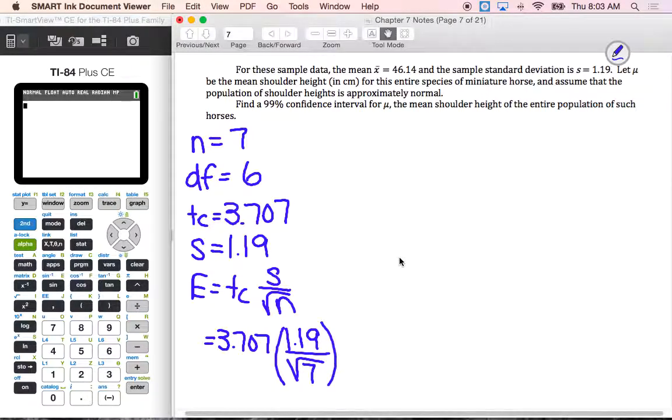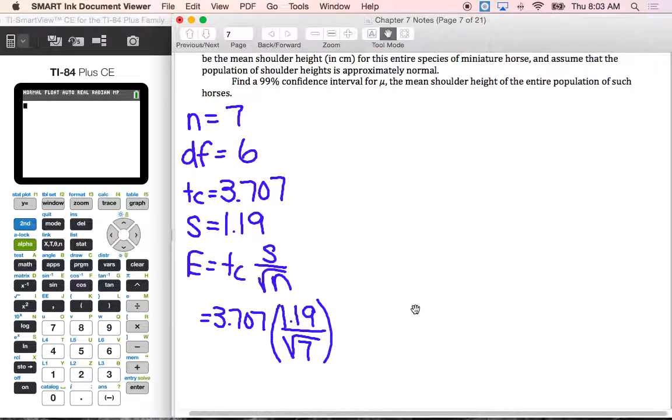Make sure you do square root of n, not square root of df. And going through this then, when I plug everything in, we should have for our E 1.67.